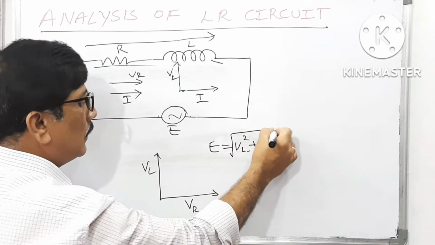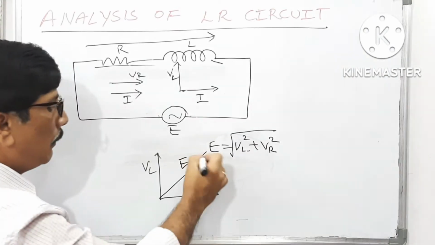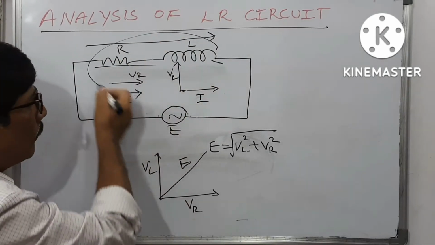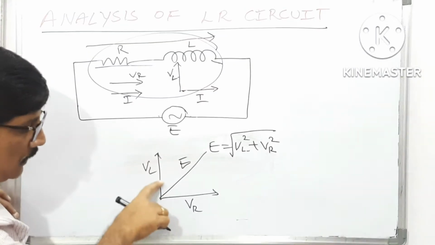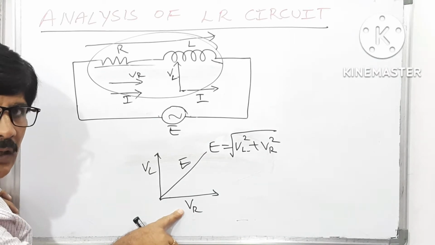It is like this, similar to the Pythagoras theorem. That means the net voltage across this combination is the sum of these voltages. But which sum? It is similar to the vector sum, but even the voltage is not a vector.